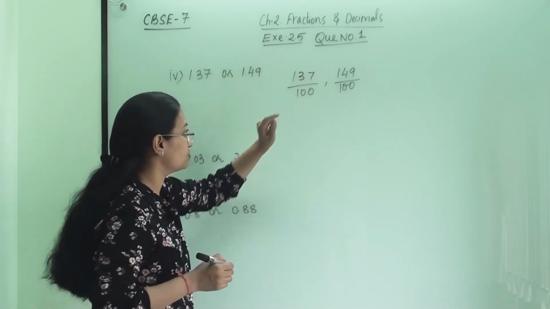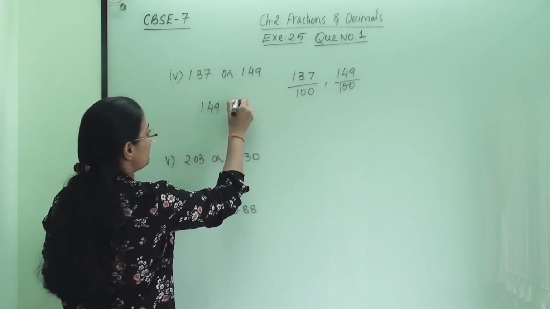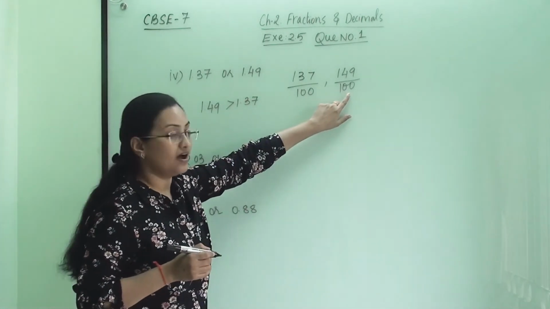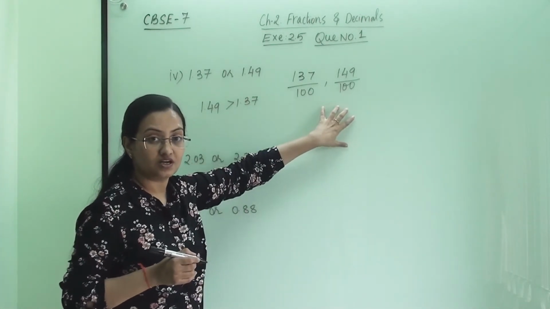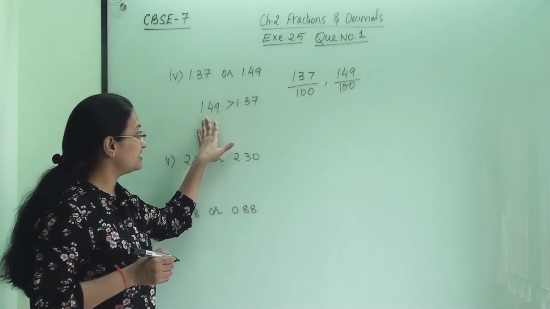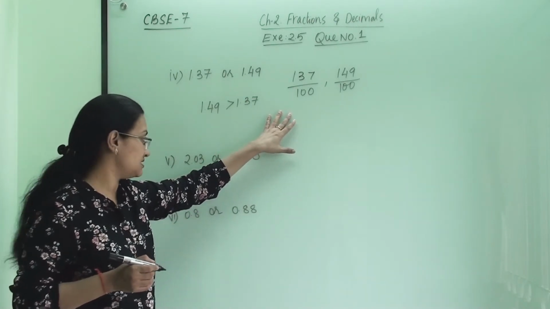This number is greater. Why have we done that? Because in both, the denominator is 100. So we can write this number is greater than this number because after the decimal the place values are the same.